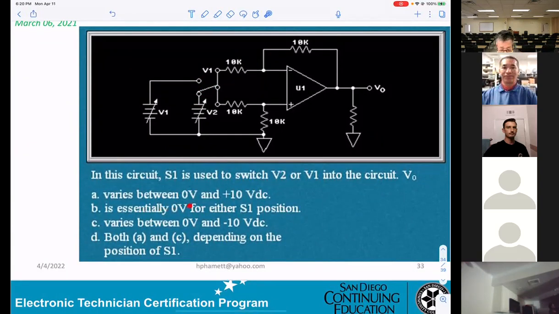Is essentially 0 volt for either switch position. That means you connect here or you connect down here. Okay, they say essentially 0 for either. Vary between 0 volt and minus 10 volt. Okay, both A and C, depending on position of S1.